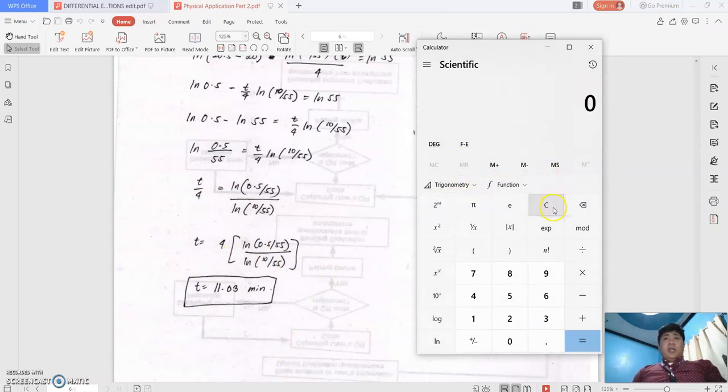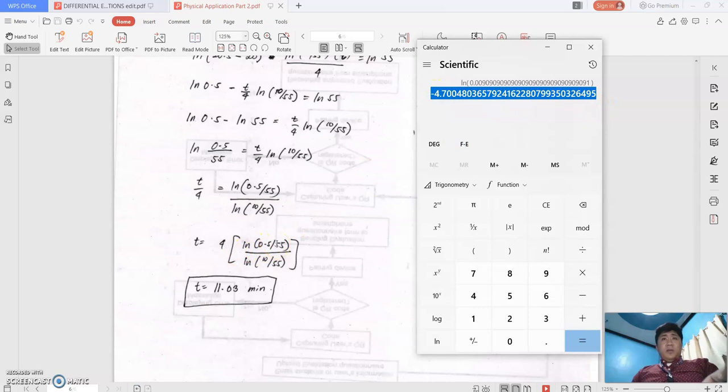So let's try it in your calculator. It is much easier compared to this calculator. So I have 0.5 divided by 55, then ln. So this is ln of this one.